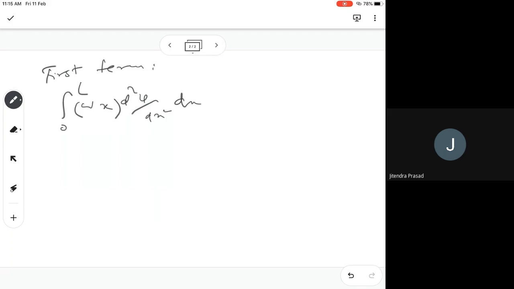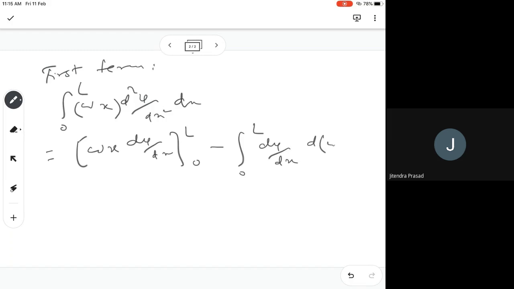If we work like this, then this equals w times x du over dx, evaluated from 0 to L, minus the integral from 0 to L of du over dx times d(wx) over dx.